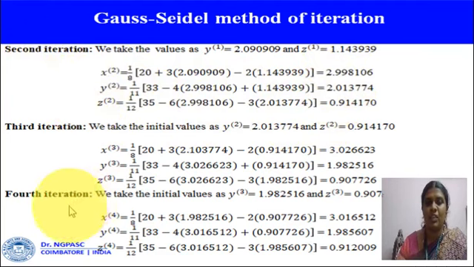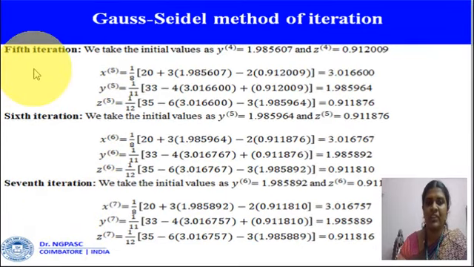Likewise you have to proceed until convergence is obtained. So the third iteration, fourth iteration, fifth iteration, sixth iteration and the seventh iteration.